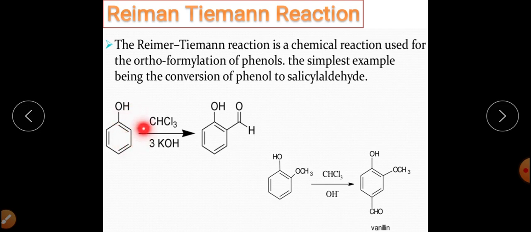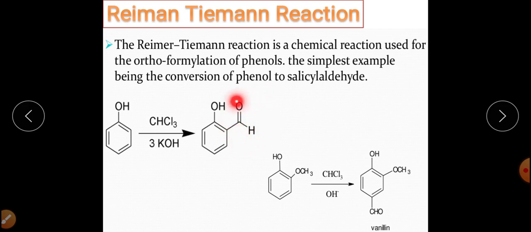This is your phenol, and this phenol on reaction with chloroform in the presence of a base, for example we have taken potassium hydroxide here, at a temperature range of 60 to 70 degrees Celsius, will get converted into a CHO group.